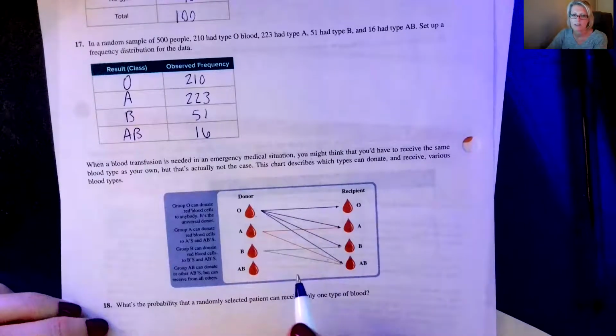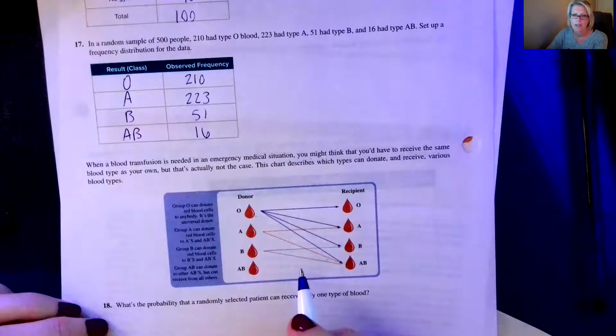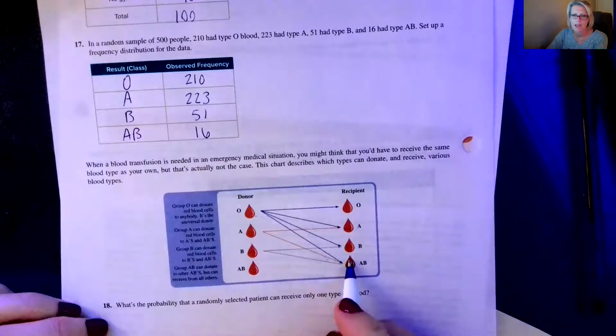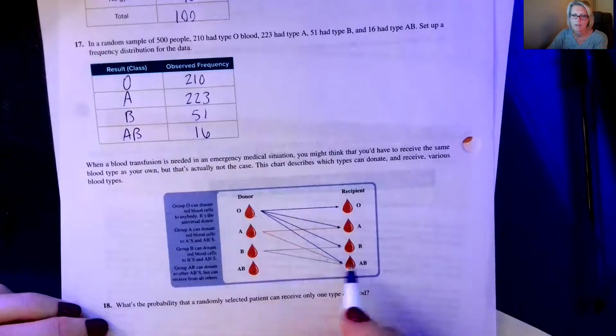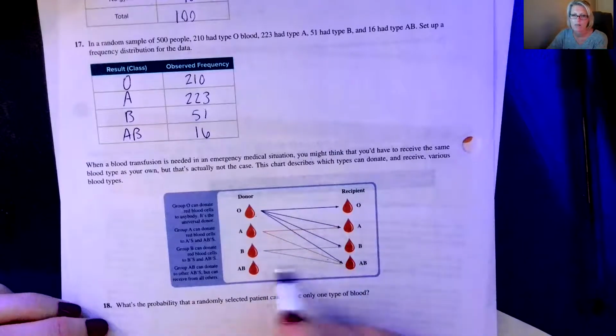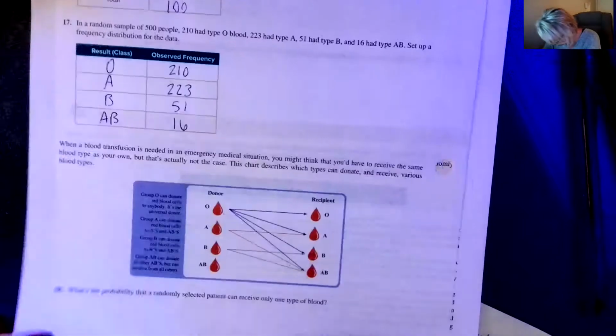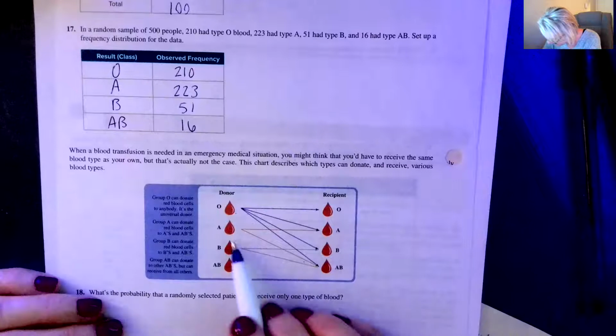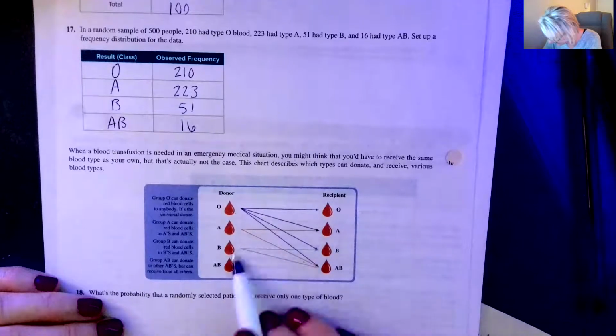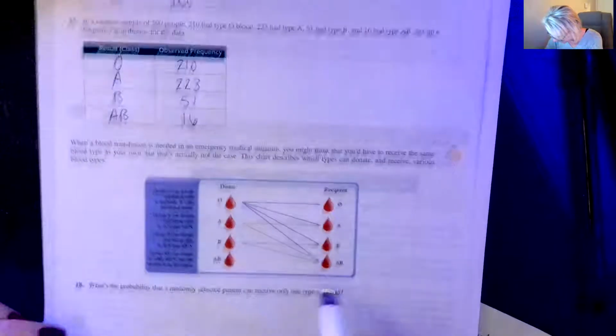That's really the interesting part. And then AB can receive everybody, but they can only give to themselves. And then A can go to A and AB, and B can go to B and AB.